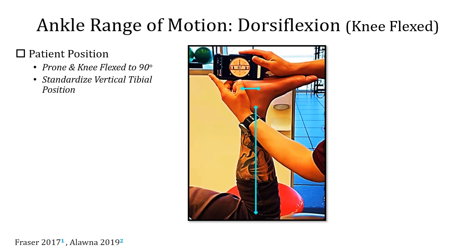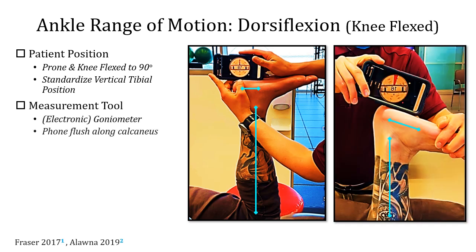When we look at the knee flexed position, again, the patient's prone with the knee flexed. You're going to standardize the vertical tibial position again. So I usually just use the phone right up against their fibula and zero it out to a plumb line, which is consistent with the absolute vertical. The phone, once again, is flush with the calcaneus.